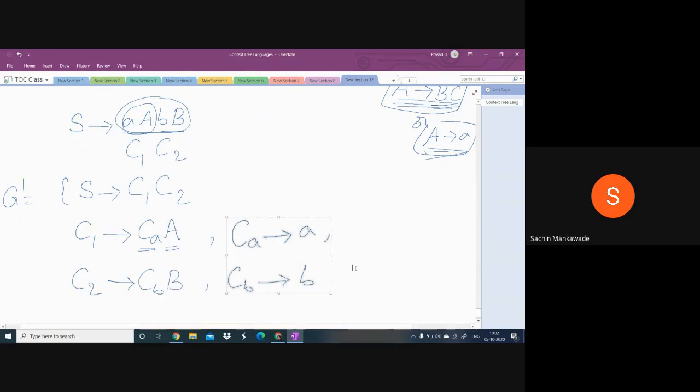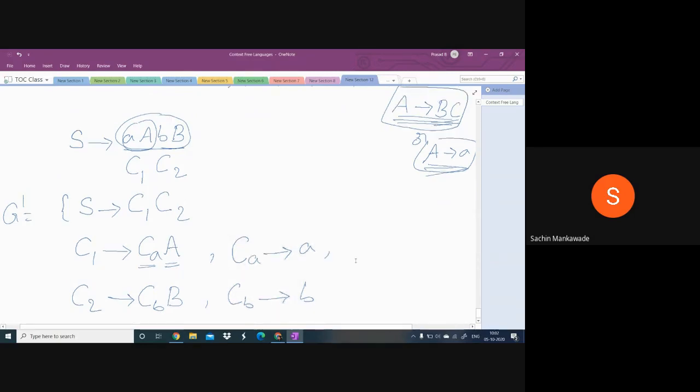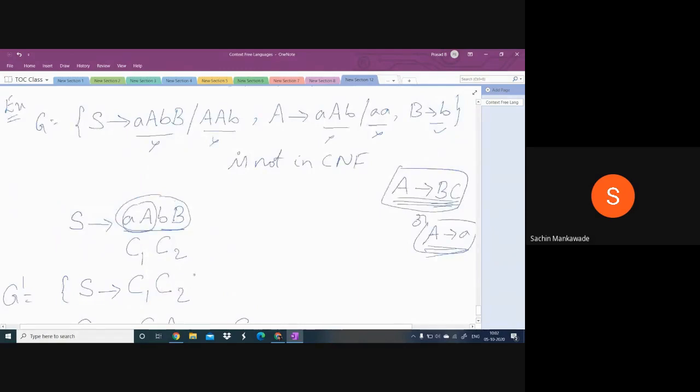Now, come to the second production of S. Here I am writing A, A, B, three symbols are there. Actually two symbols must be there. So I will take these two symbols as one symbol, which is C3, and this should be a non-terminal. Already we have taken this as CB here.